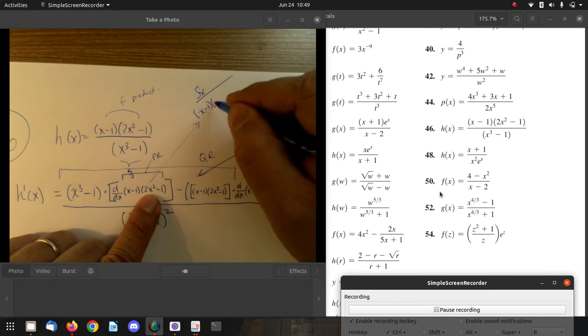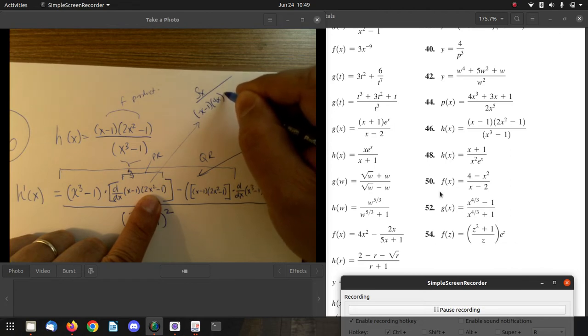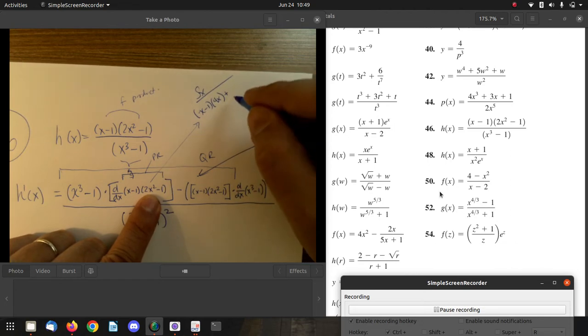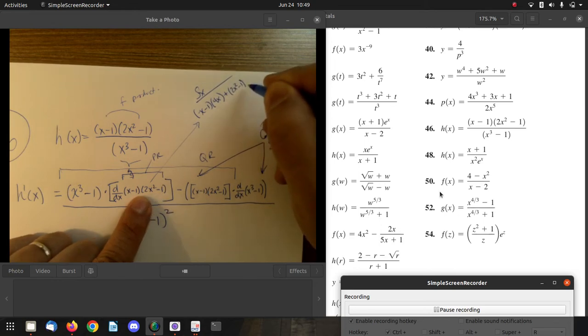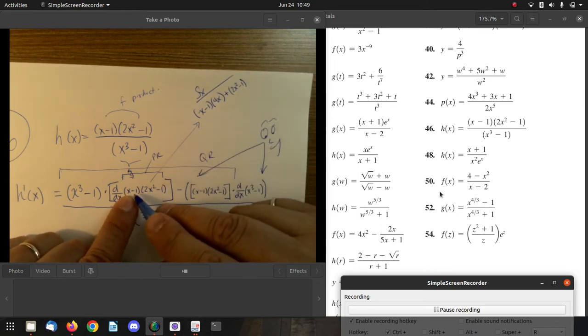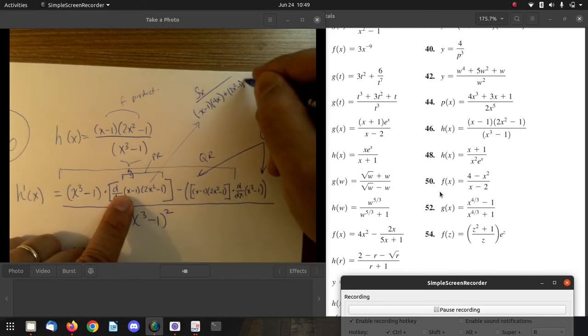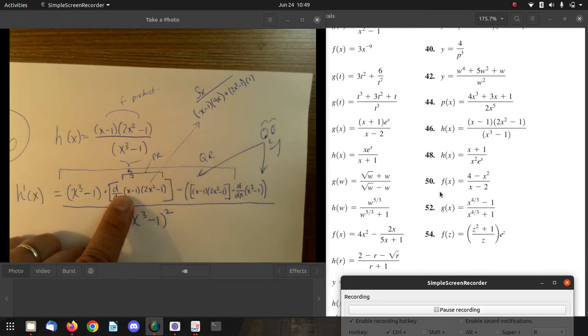Second one's derivative will be 4x minus 0, so just 4x, plus second one, 2x squared minus 1, times derivative of the first one. Negative 1's derivative will be 0, and x's derivative will be 1, so that's just 1.